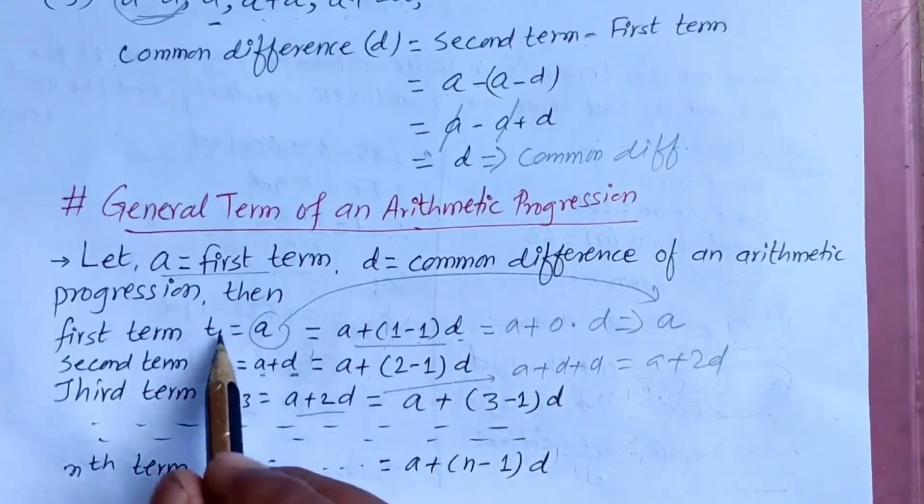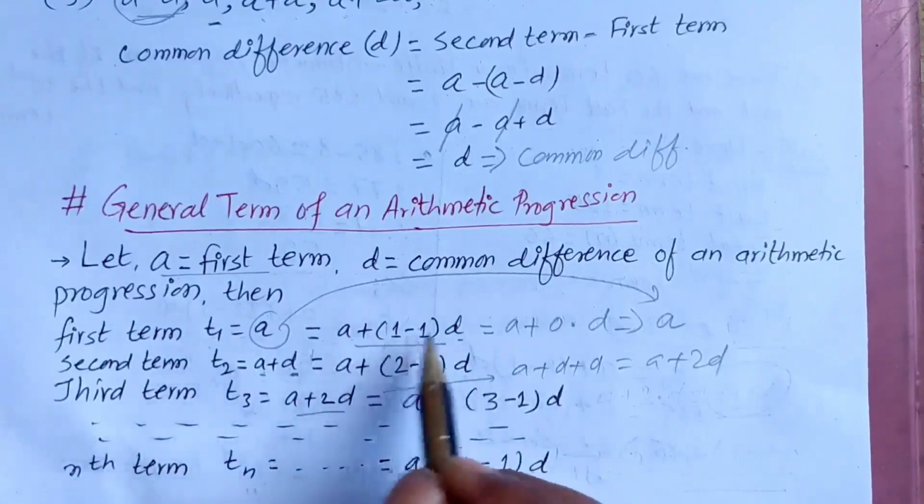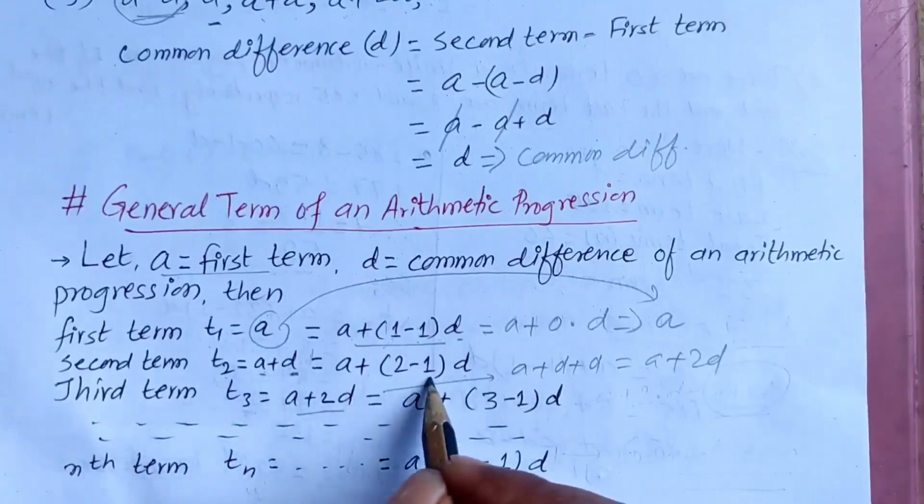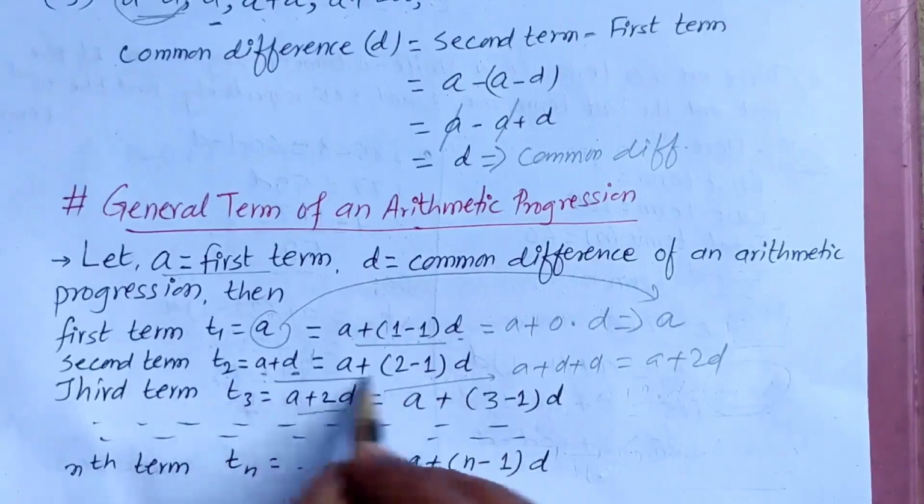Since for T1 we wrote 1 minus 1, for T2 we write 2 minus 1, and if we operate, we get A plus D.